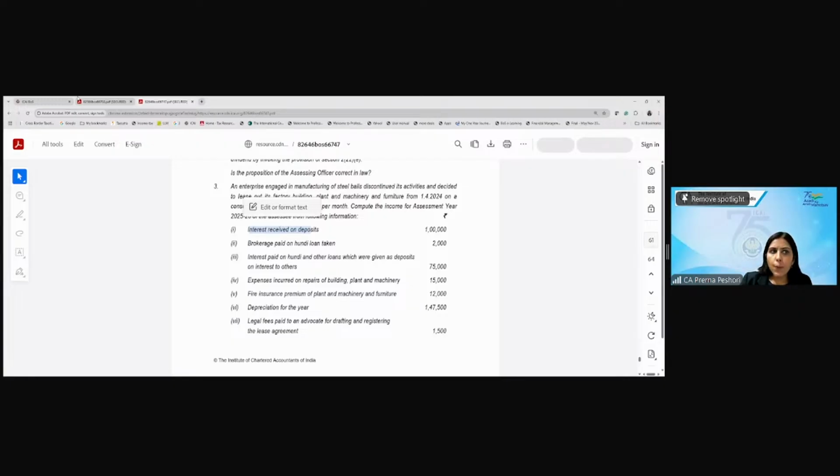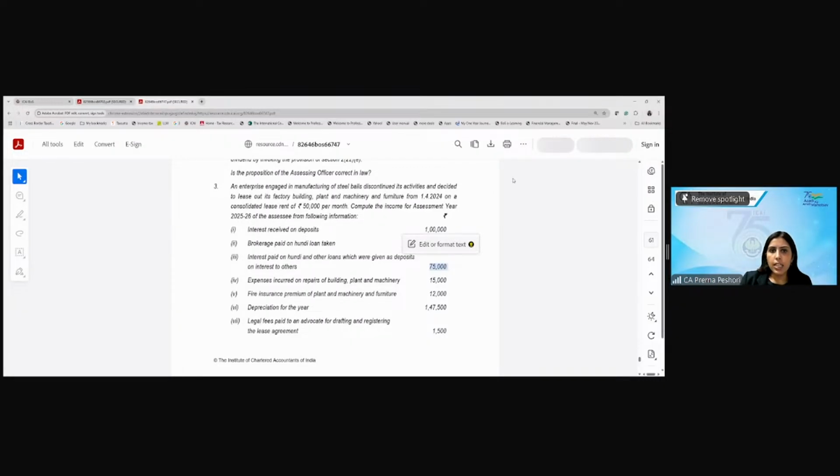Yes. So we will get the deduction of the interest here and the deduction of the brokerage against this 1 lakh. So from this 1 lakh, we deduct 2,000 and 75,000 because these are the expenditure linked to generation of income. It is incurred in order to earn that income. So it's allowable. Yes, Debarata, it's 75 and not 50.